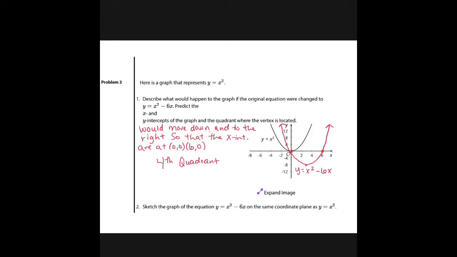So for number 1, it would move down and to the right so that the x-intercepts are at 0, 0, and 6, 0, and it would be in the 4th quadrant. And number 2, sketch the graph. So you would move it over and down so that your x-intercept right here is 0, 0, and 6, 0.